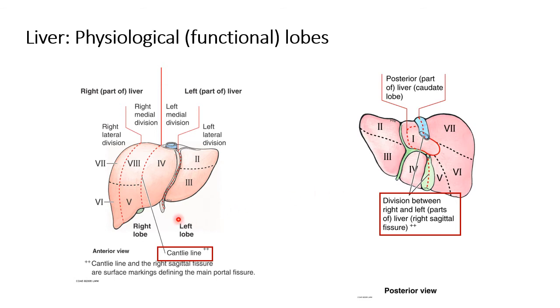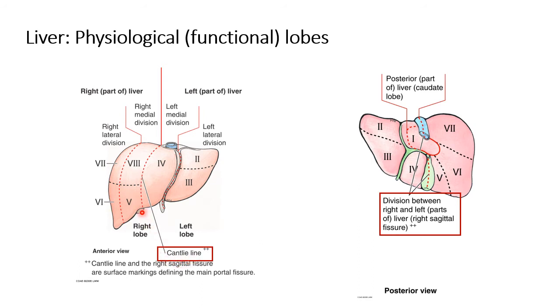So there is a line anteriorly. Now, when we talk about the anatomical lobe, the division anteriorly is the falciform ligament. When we come to the physiological lobe, the dividing line moves a little bit to the right, and this is called the Cantlie line.